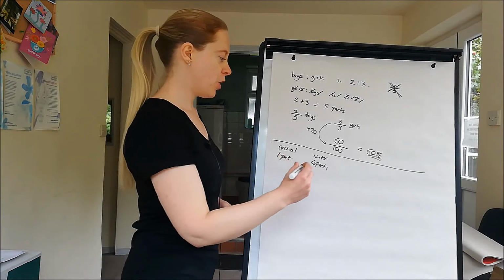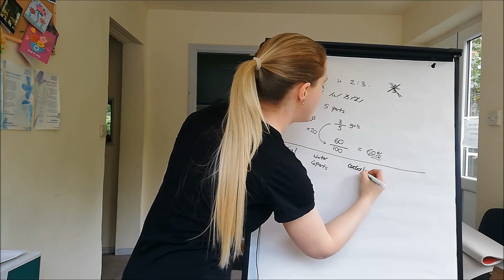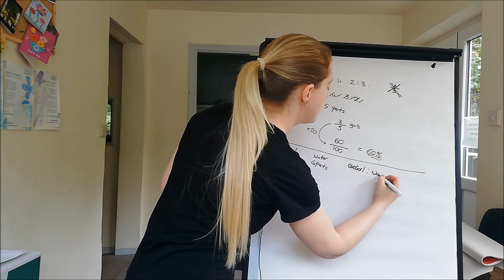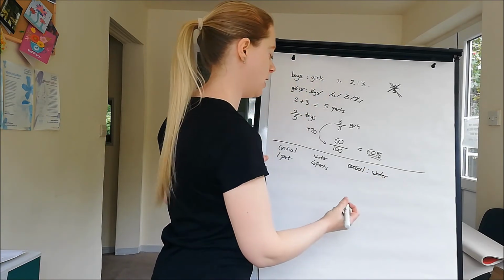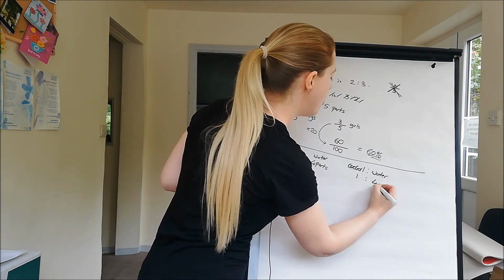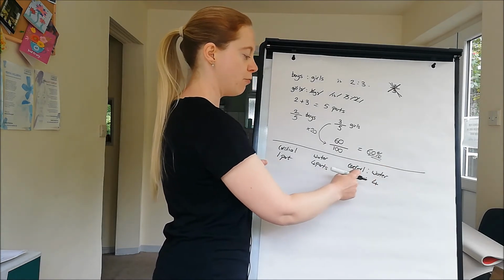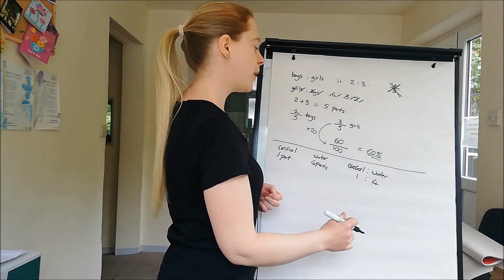All right, so the question specifically said cordial first and then water. And it said that it was 1 part cordial and 4 parts water. So cordial to water is in the ratio 1:4.